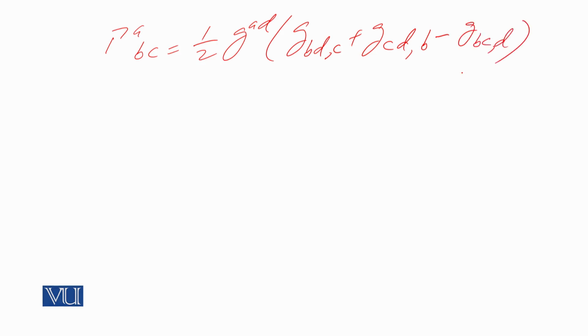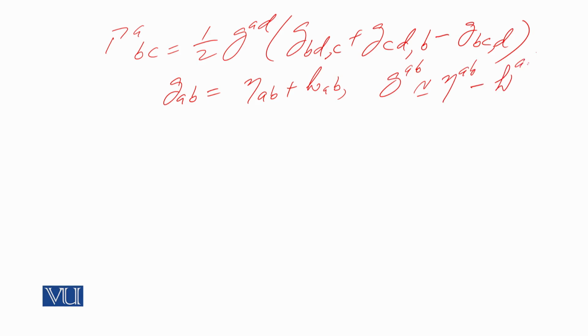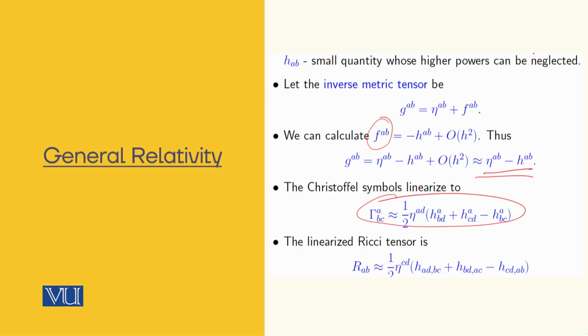This is the usual definition of the Christoffel symbol. So we use here g_AB equal to eta_AB plus h_AB, and its inverse g^AB equal to eta^AB minus h^AB, as I have just defined here. So I'm using this definition.